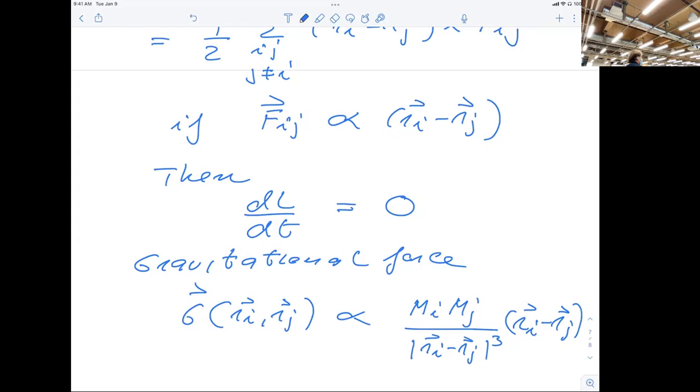I hope you don't find the math too intimidating, but this shows you that angular momentum is conserved as a constant of the motion if our system has a force which is proportional to the relative distance between the objects we're looking at. Then we have some fundamental properties of a physical system.